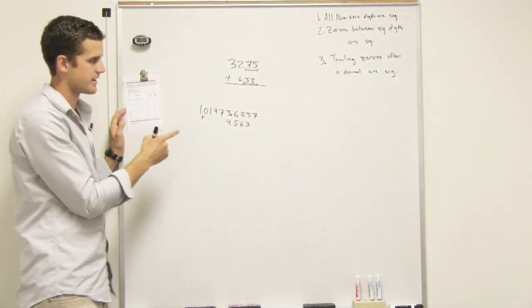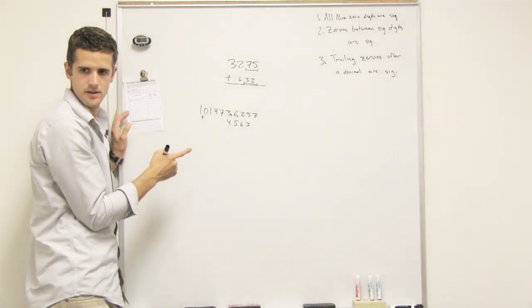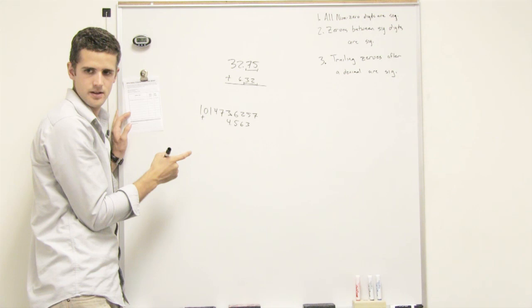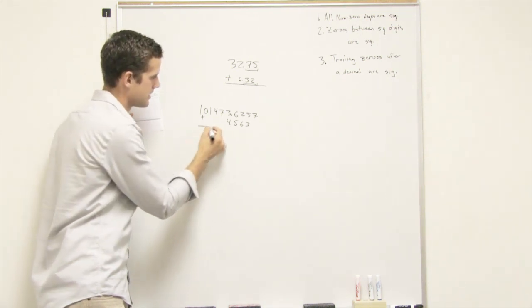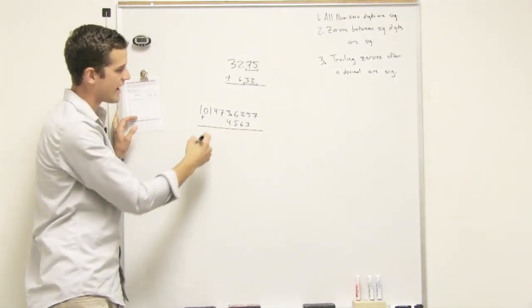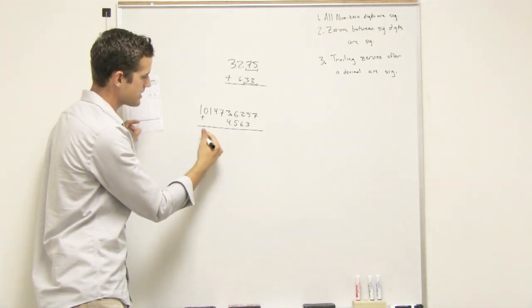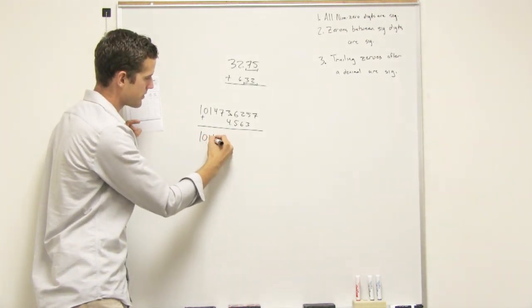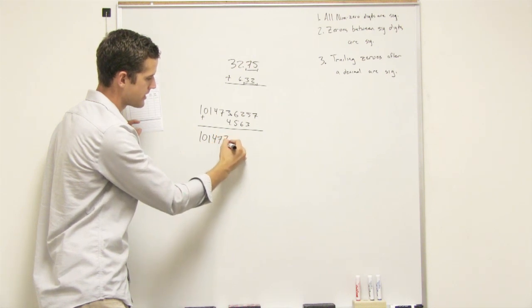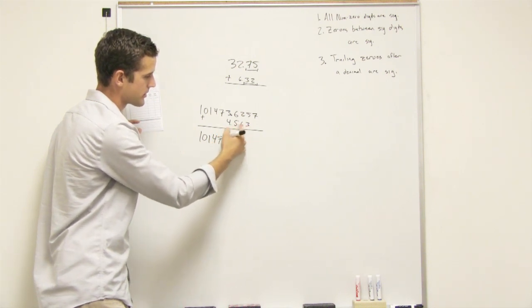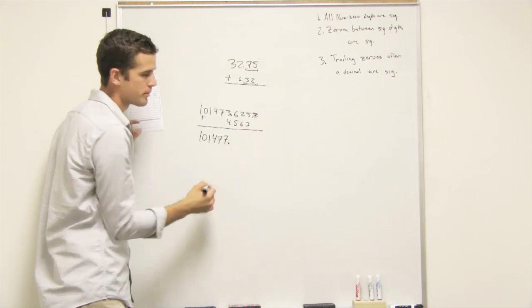How many significant figures can you keep? After the decimal, sorry. 3. Yeah. So you would add this and you'd keep your 1, 0, 1, 4, 7, 7, and then you'd only be able to keep 3 of these. So you'd have to drop that one basically.